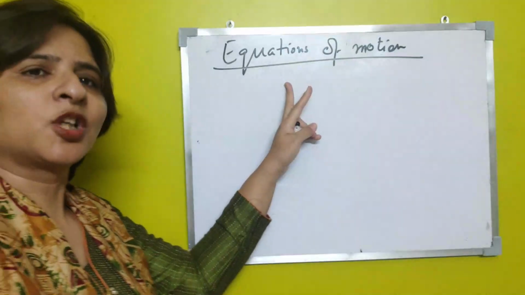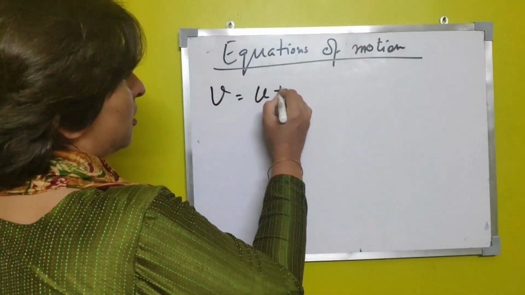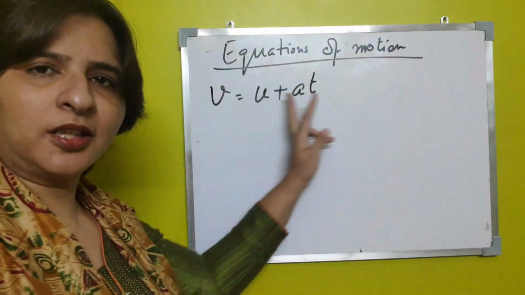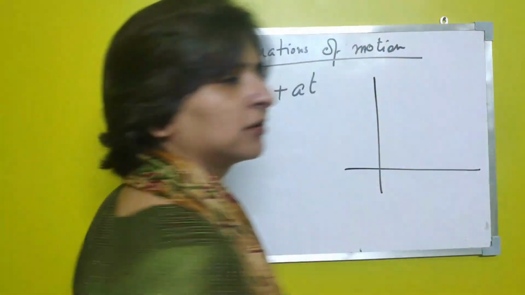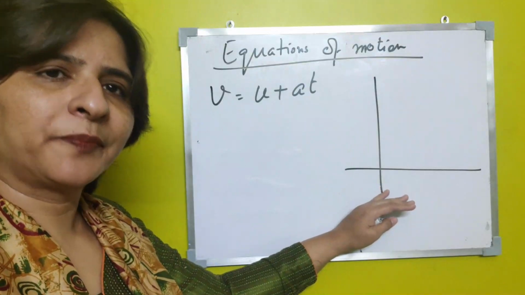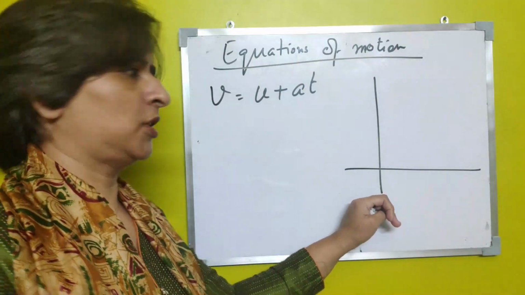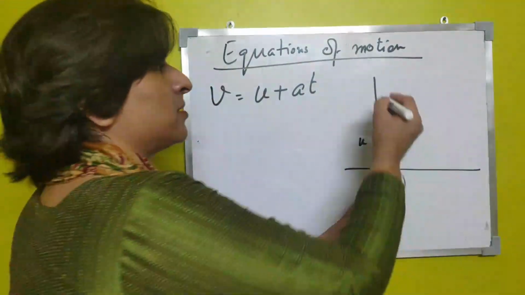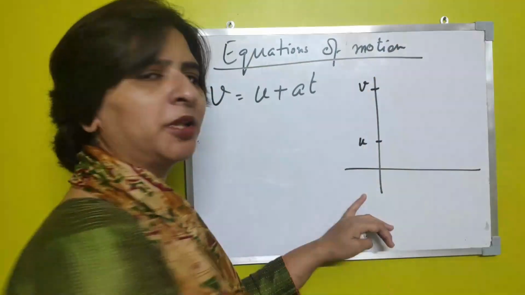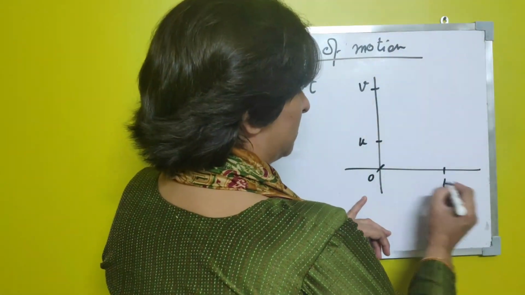Let us derive the first equation of motion graphically, which is v is u plus at. Let's consider the motion of an object where the object is already in motion with a velocity of say u meter per second, and it gains a velocity of v meter per second in some time t.